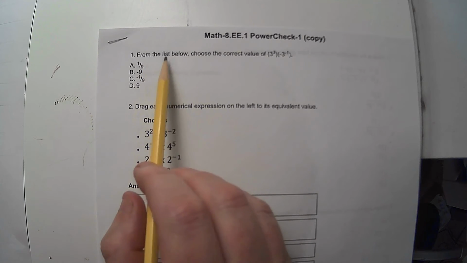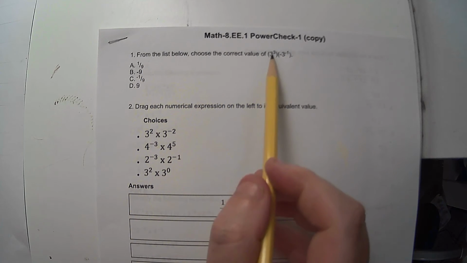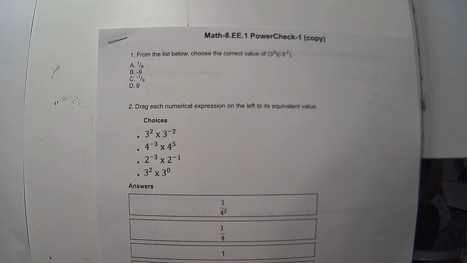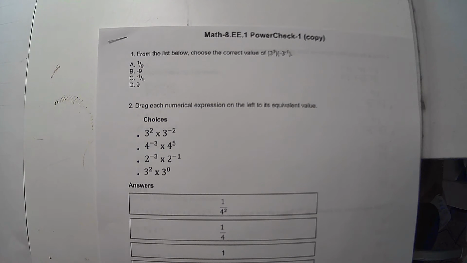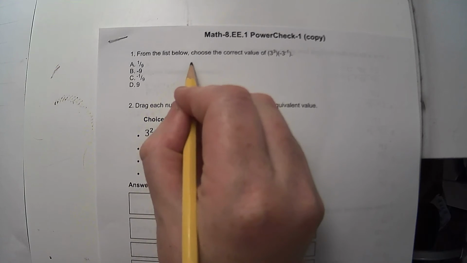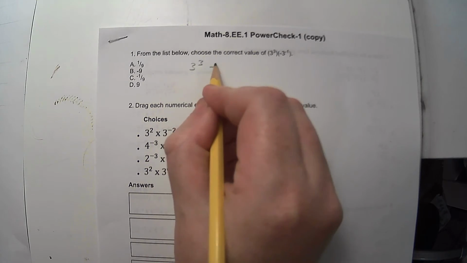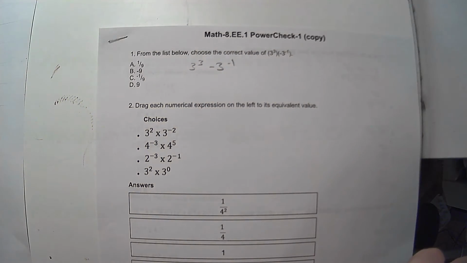Alright, so looking at this, from the list below, choose the correct value of 3 to the 3rd power and a negative 3 to the negative 1st power. So I've got 3 to the 3rd, negative 3 to the negative 1. The first thing I want to deal with is this negative number up here. I don't like the negative number, so going back to our explanation, remember the phrase was, you have to move it.